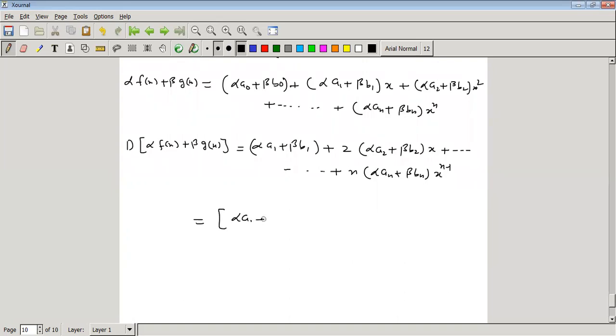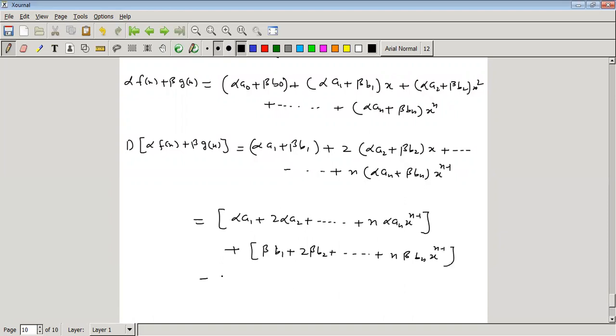So alpha a1 plus 2 times alpha a2 plus n times alpha an x raised to power n minus 1, plus beta b1 plus 2 times beta b2 plus n times beta bn x raised to power n minus 1.